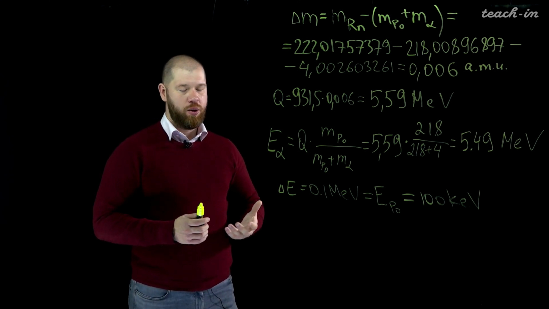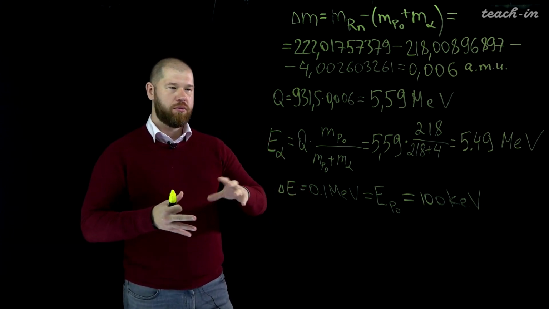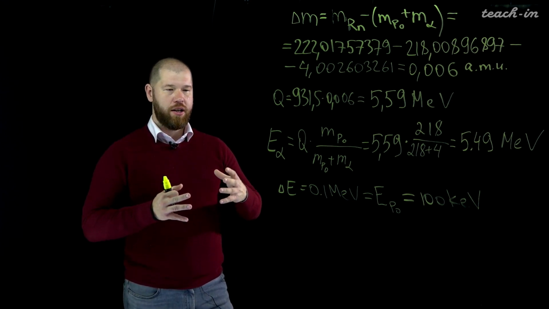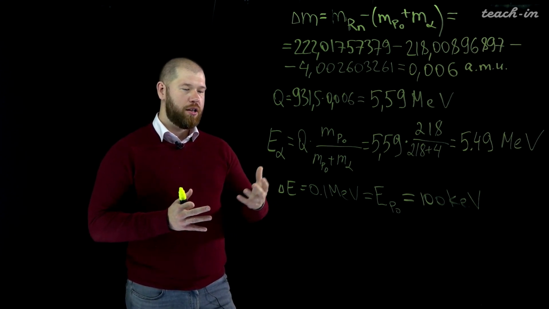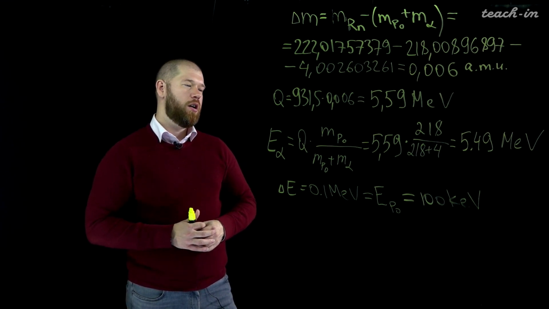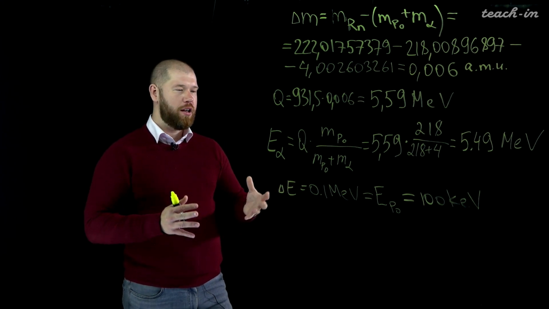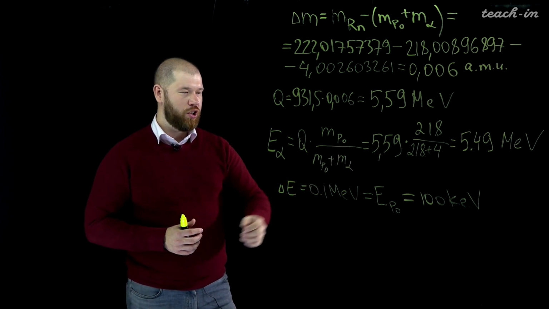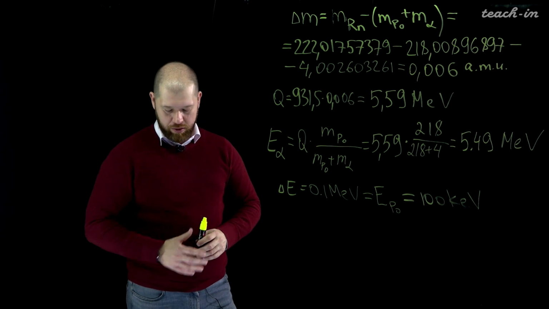And thus, if we had, for example, some molecule that contains the alpha-emitting radionuclide, that means that the recoil nucleus will definitely go out from this molecule, because there are no chemical bonds that can withstand such a huge energy of moving of the recoil nucleus.